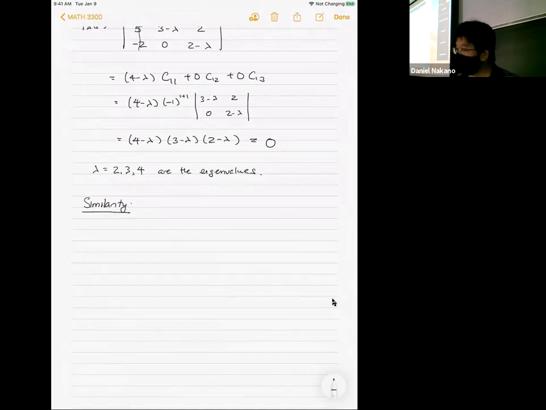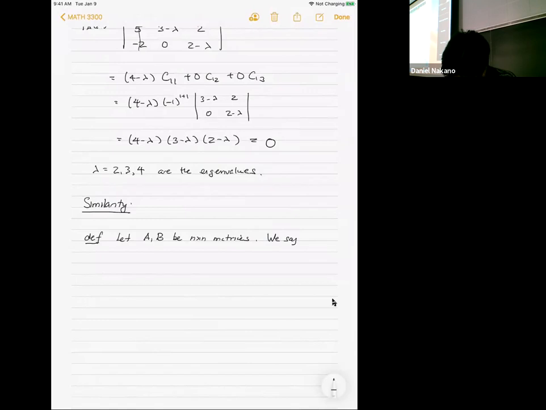Here's a definition. Let A and B be n by n matrices.